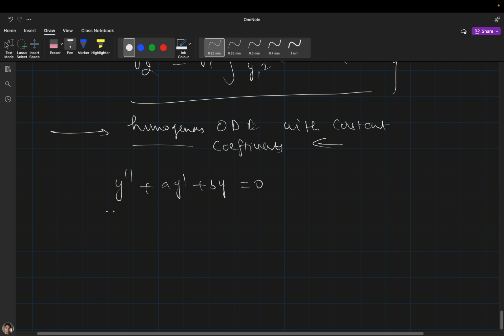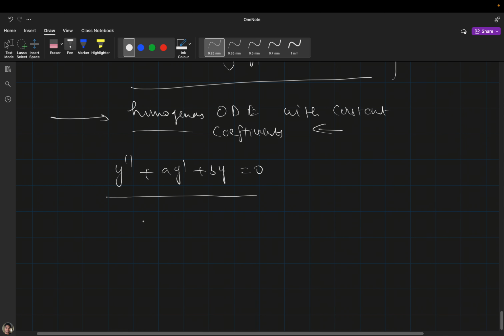So now I will try to solve this kind of differential equation. To solve it, we have to know the solution of one kind of differential equation. And what is that?